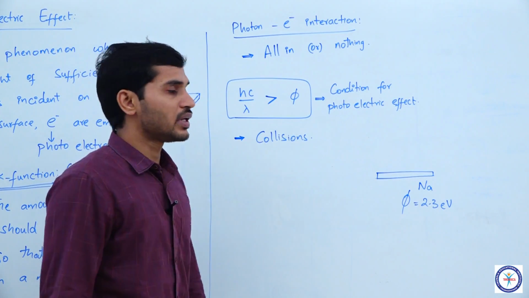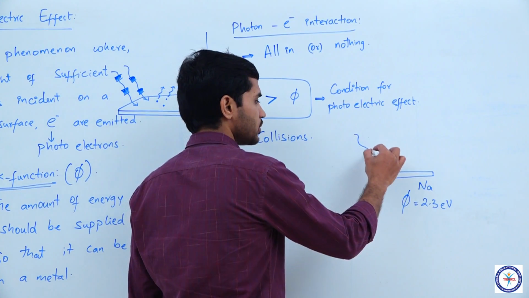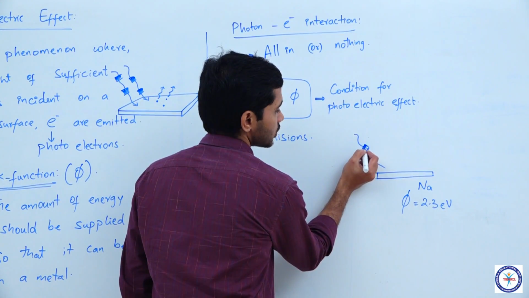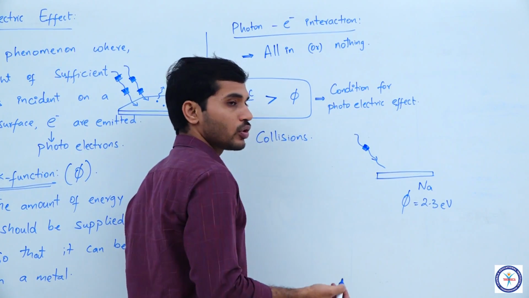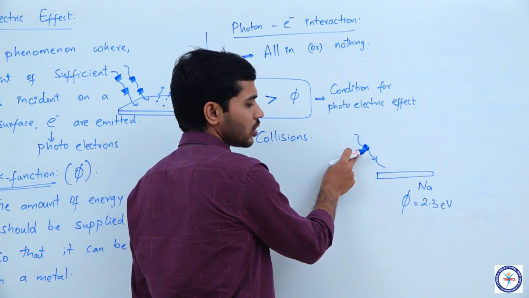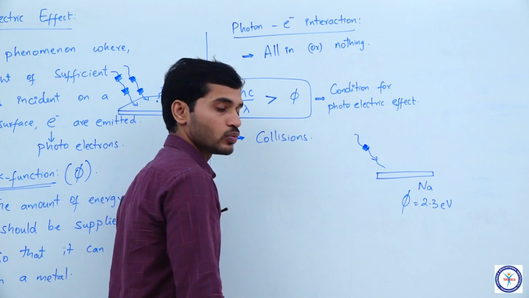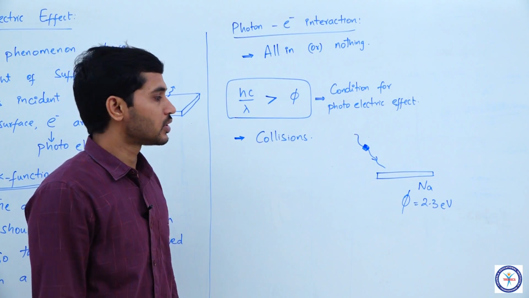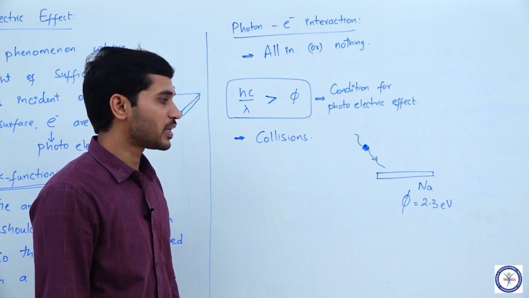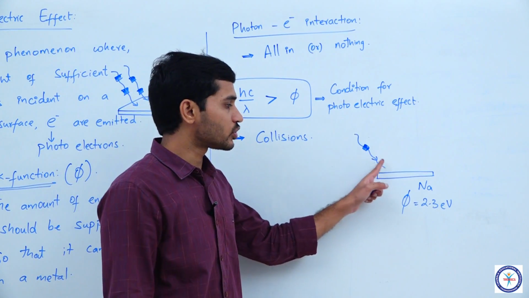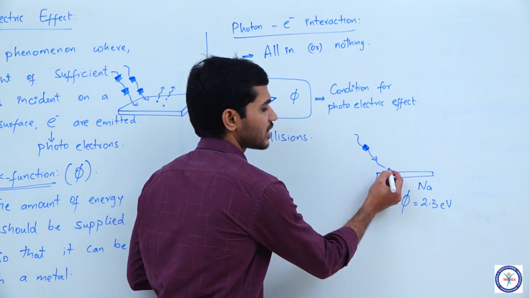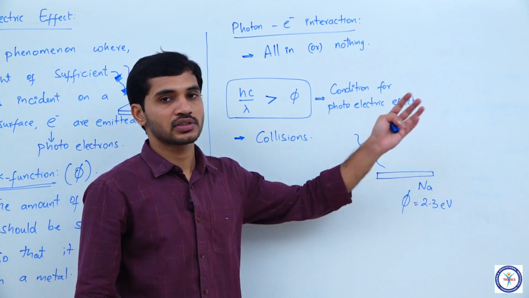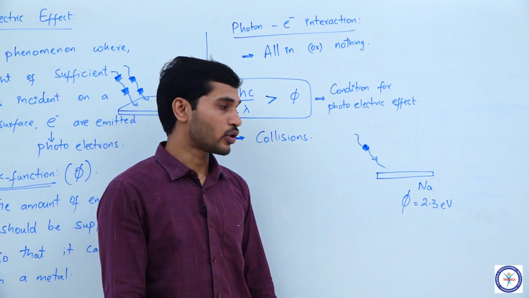Now, let us say light is incident on it, and that light possesses photons. You all know what happens if the photon has an energy less than 2.3 electron volts. Nothing will happen. The photoelectric effect will not take place, and this photon which strikes here will just get reflected back. If there is no sufficient energy, it just reflects back and the electron cannot be removed.